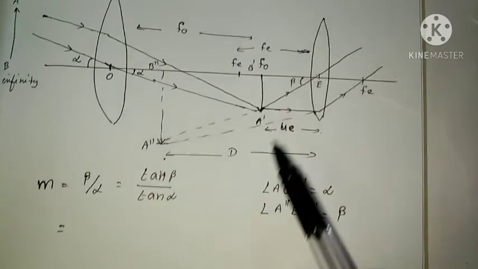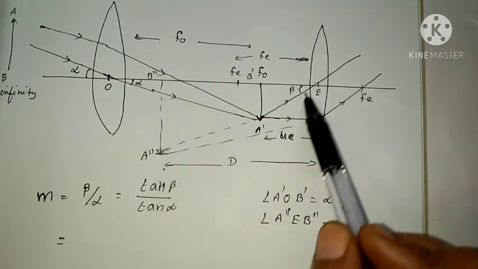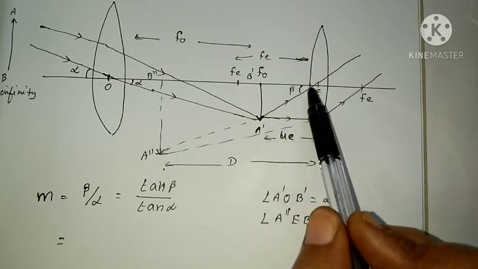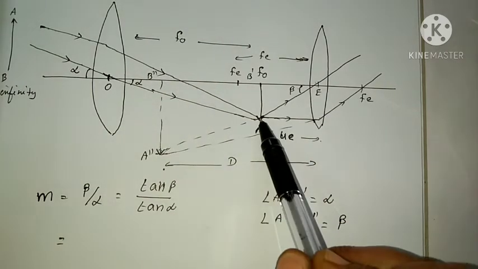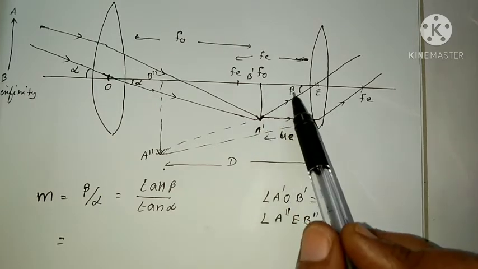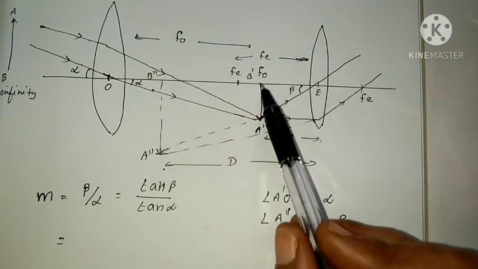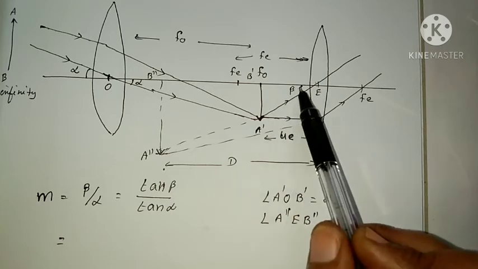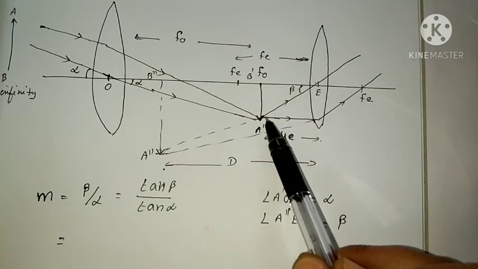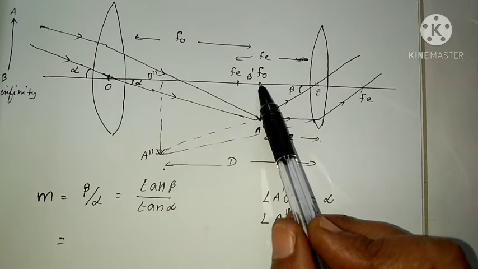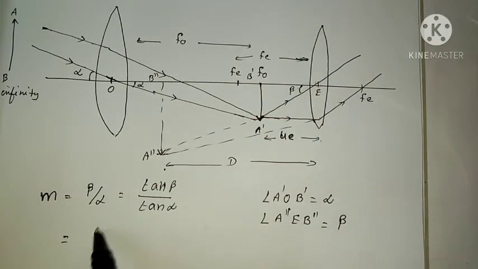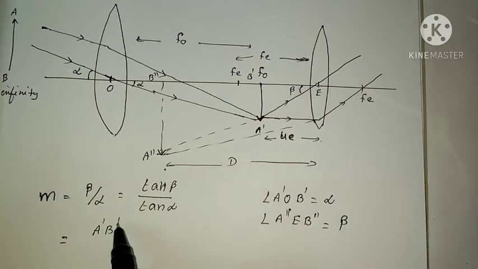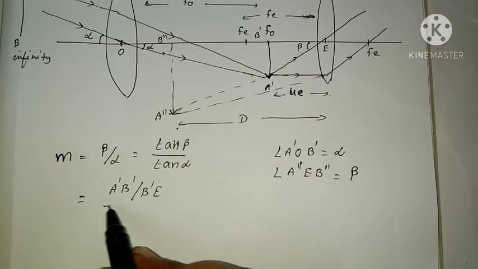What is tan beta? These two angles, A dash E B dash and A double dash E B double dash, are similar angles, so we can take this angle. Tan beta is A dash B dash divided by B dash E. And what is alpha?